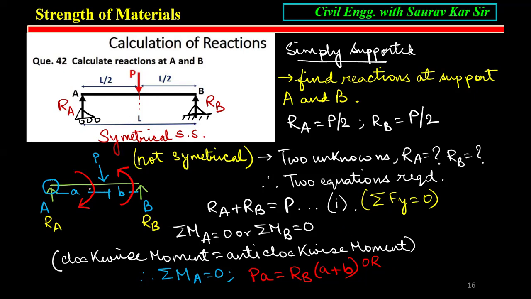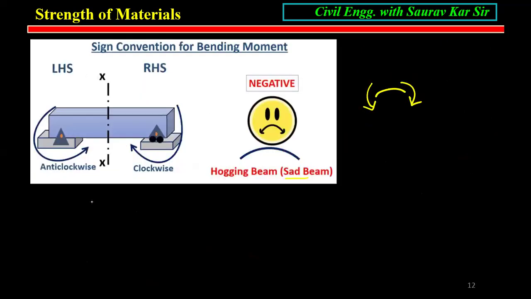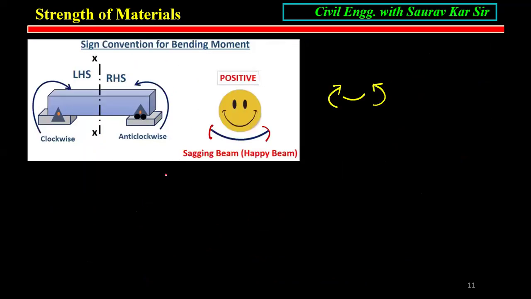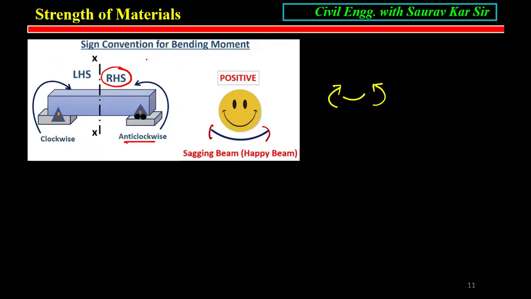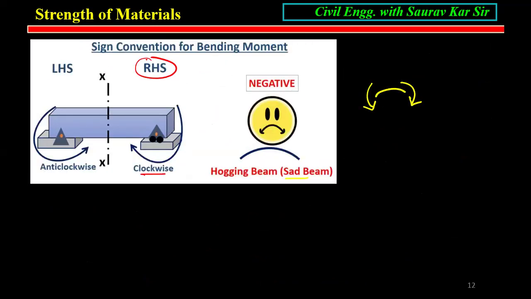In bending moment, what was our sign convention? Right hand side anti-clockwise is positive, and right hand side clockwise is negative.